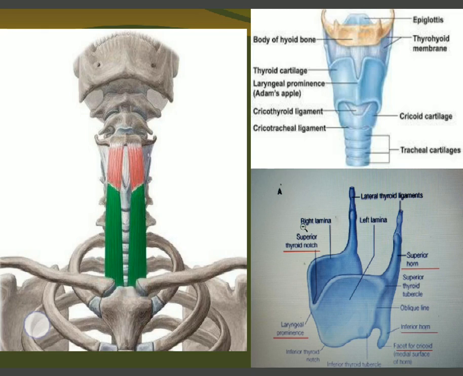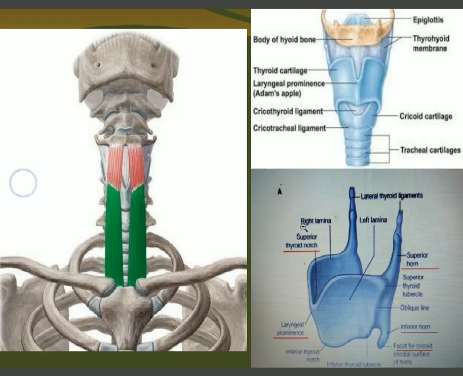So the origin of sternothyroid is from the posterior surface of the manubrium sterni and also this first costal cartilage. And this is the first costal cartilage on both sides. This also gives origin to the sternothyroid and it gets inserted into this thyroid cartilage, that is the oblique line on the lamina.